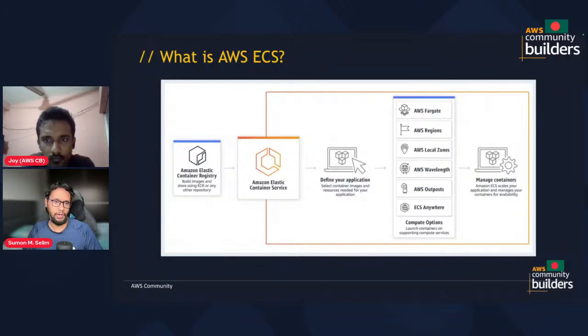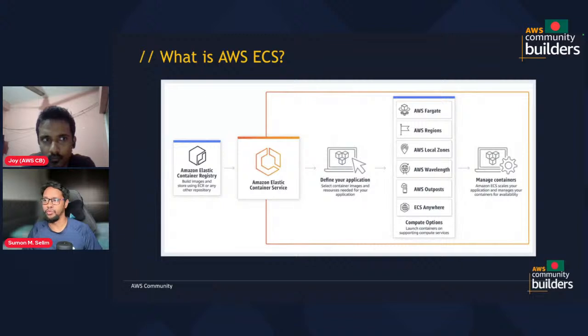We already discussed Docker Hub, but within AWS, they have their own container registry service, named ECR, Amazon Elastic Container Registry. So we can build our images, store them on ECR, and then pull that image in our Elastic Container Service.